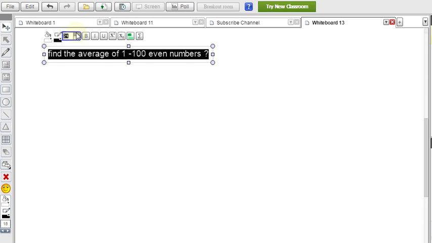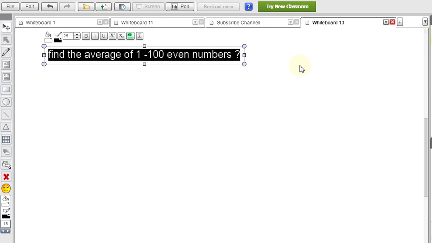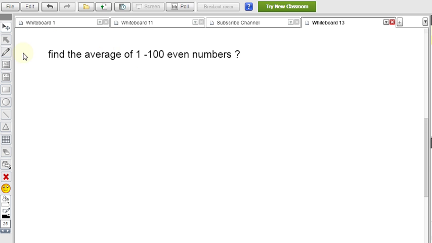Now let us see this. So even numbers are, first even number is 2, 4, 6, 8, 10, and so on. Actually we need to write up to 100 even numbers, and we should add and divide by how many even numbers are there.